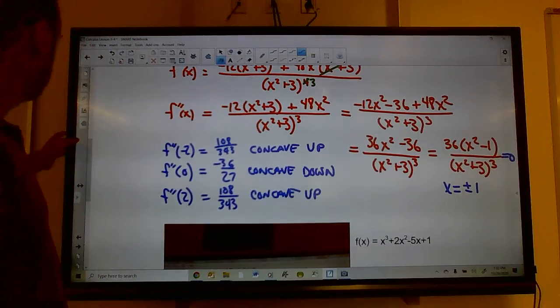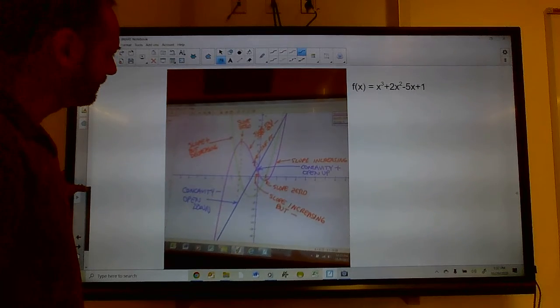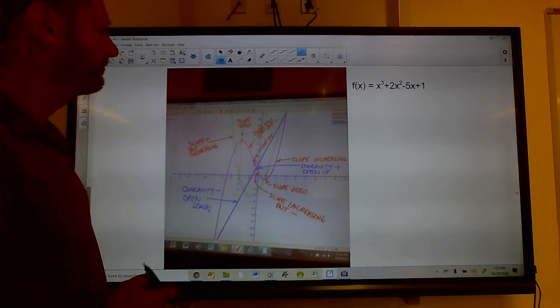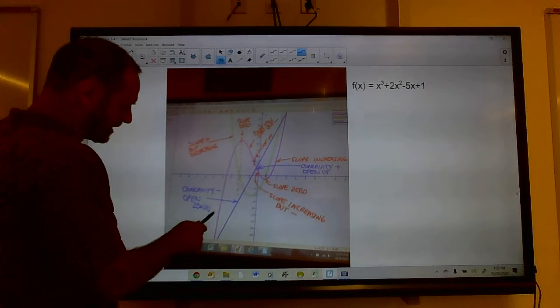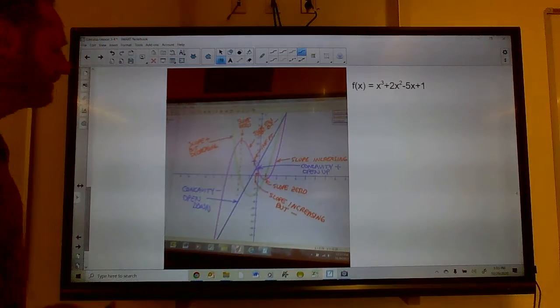Okay, so I've got this picture that I threw on here a couple of years ago. x cubed plus 2x squared minus 5x plus 1. So that's this purple curve right here. Okay, there's my f of x.